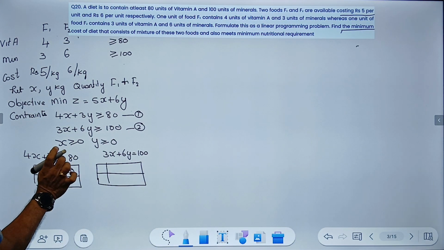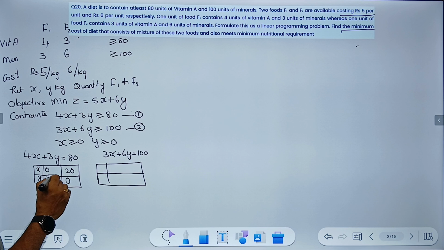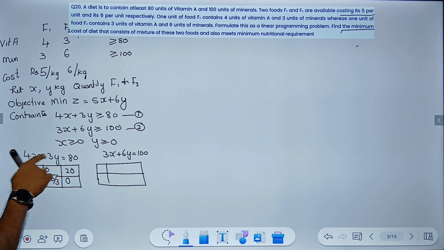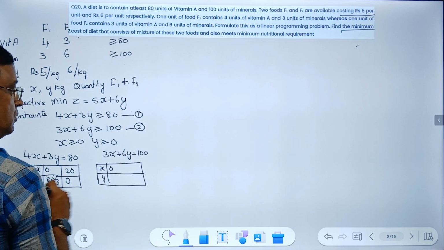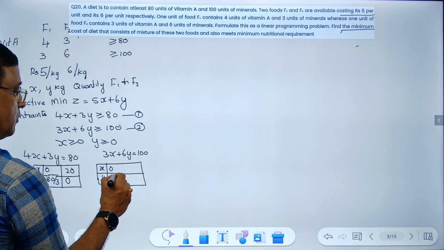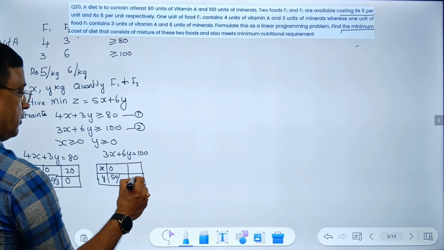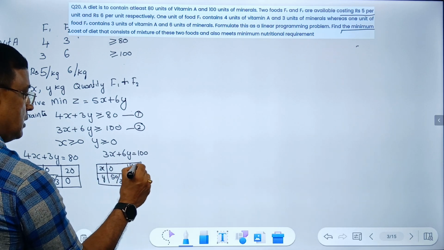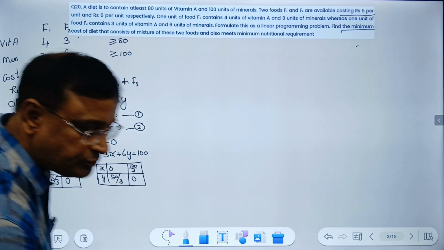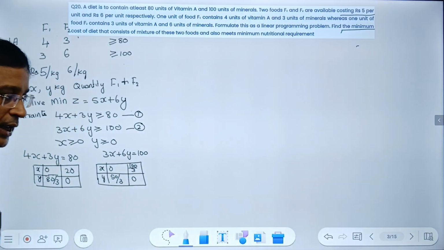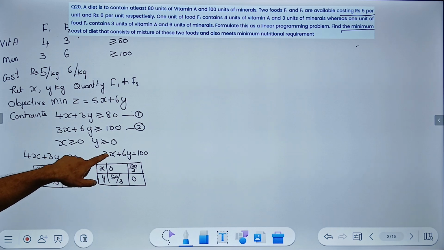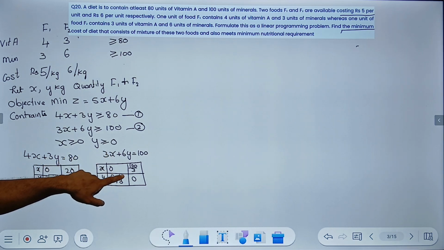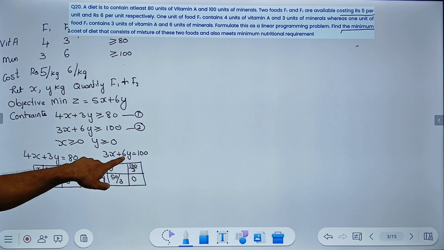When x is 0, y is 50 by 3, and when y is 0, x is 100 by 3. So all necessary calculations are done.